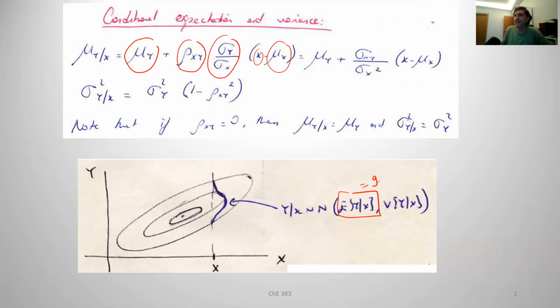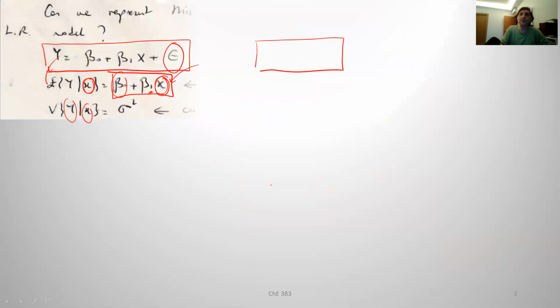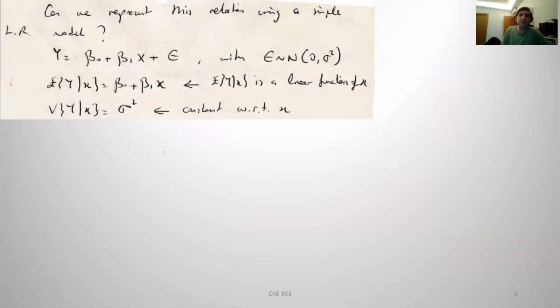Here I use g as any function; it is going to be a linear function of x, something like alpha 0 plus alpha 1 x. And now we have something like this: the expected value of this quantity is equal to this, the variance is constant, and it is normally distributed. So these are exactly the very same three properties that we have: the expected value is a linear function of x, the variance is constant, and y is normally distributed.